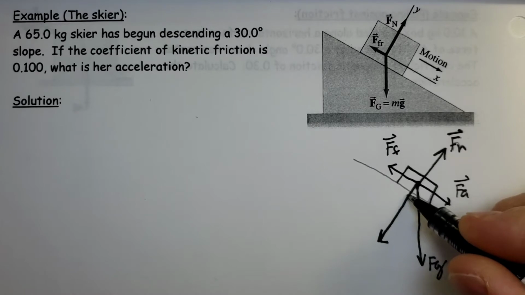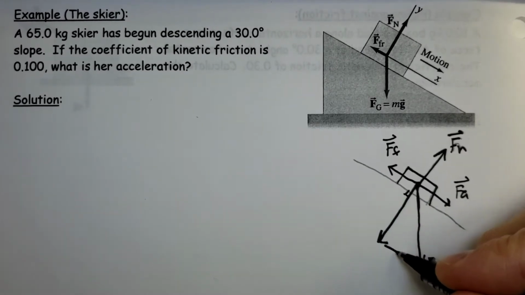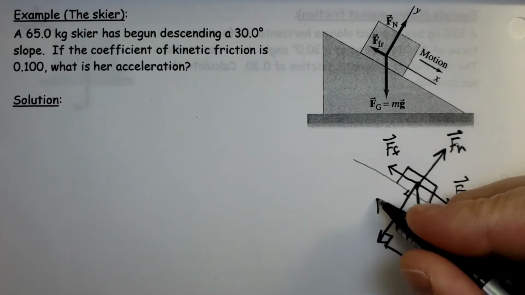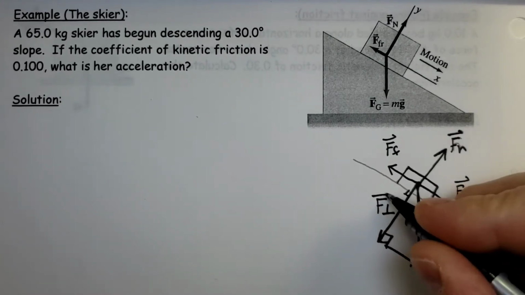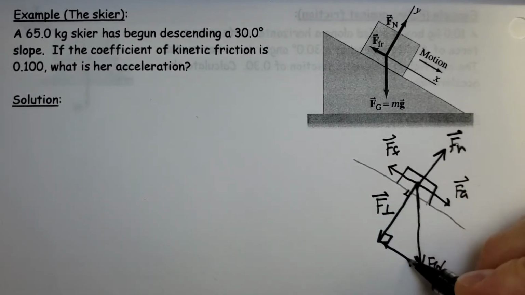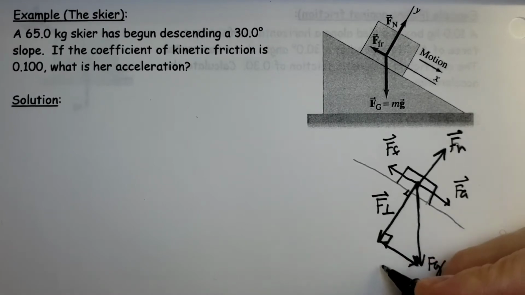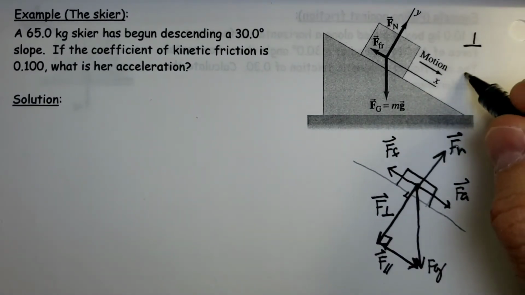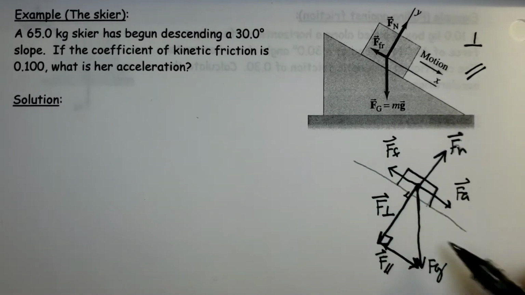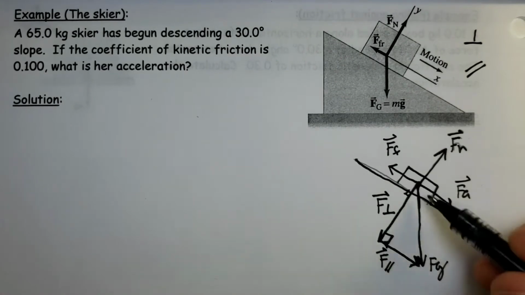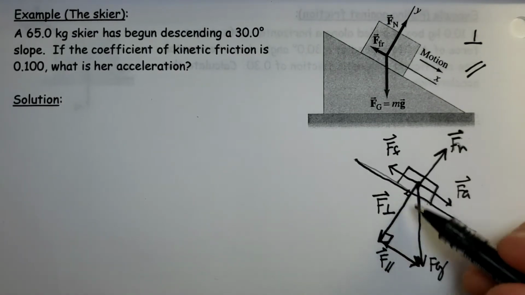But if I make this perpendicular to the surface, and then join it up here, common practice is to call this F perpendicular, and over here F parallel. Parallel to the surface is this, perpendicular to the surface is that one.